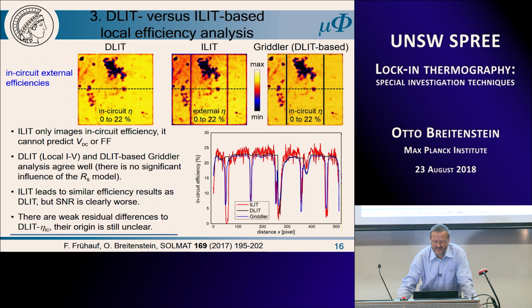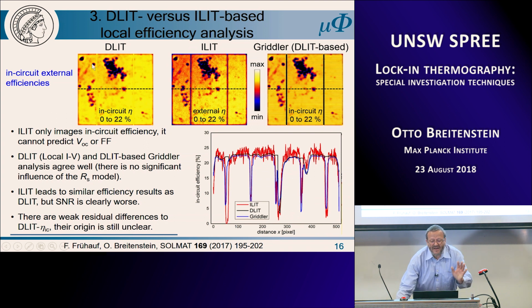Okay, and these are some typical results. Here we see the DLIT efficiency. We only can compare in-circuit external efficiencies because DLIT can only provide external efficiencies. And we see it's practically the same. We see some small deviations. For example, here this reddish color is not seen here.